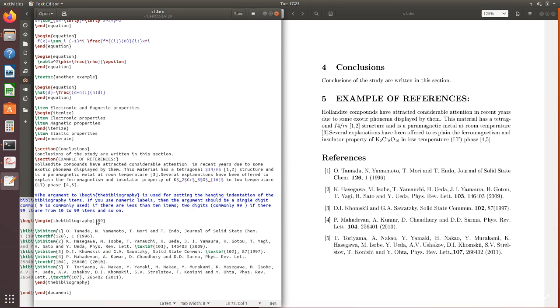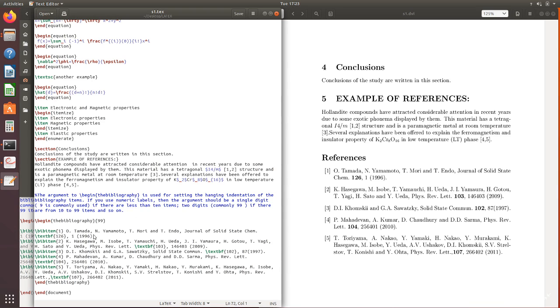Since it is below 10, that is up to 9, I could write 9 within curly brackets. If you write the number 9 within this curly bracket, that means the number of items in this bibliography would be 0 to 9, that is less than 10. And if the number is higher than 9, that is 10 to 100, then you have to use 99.